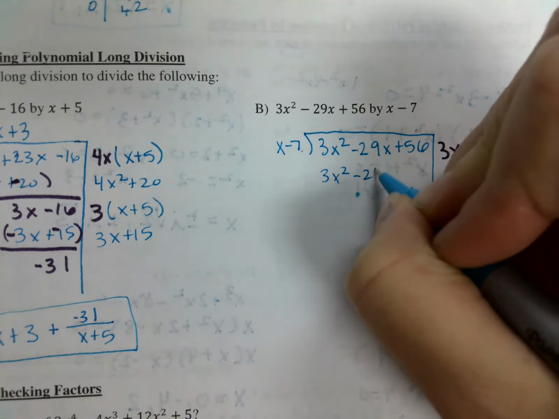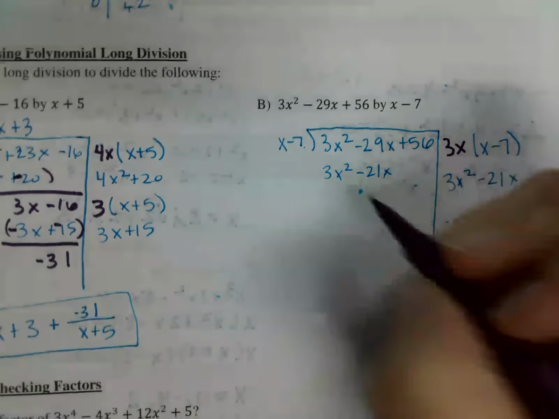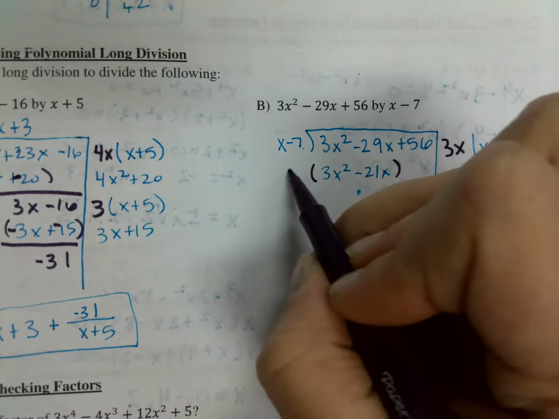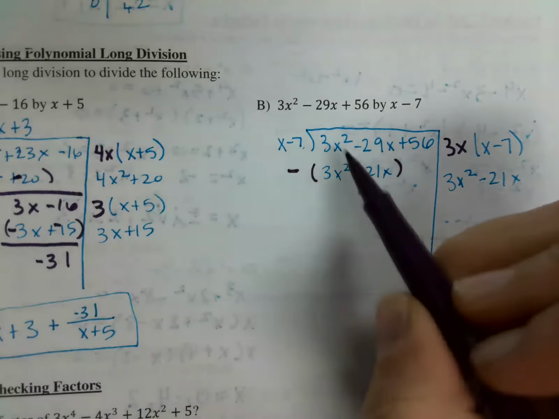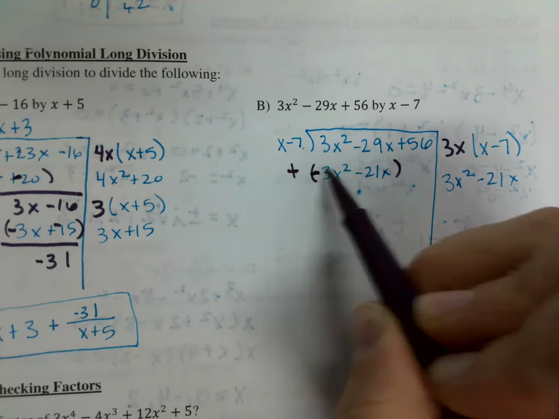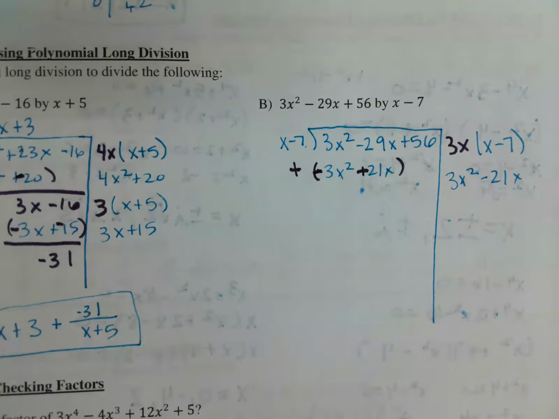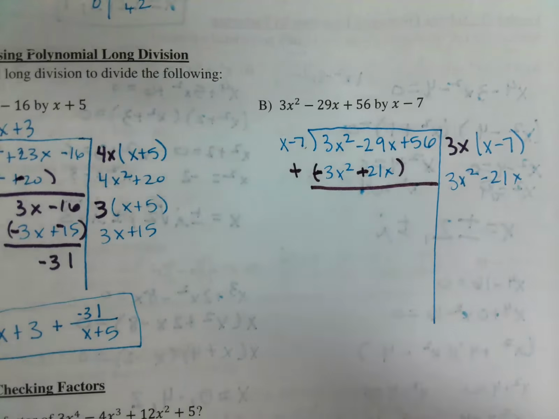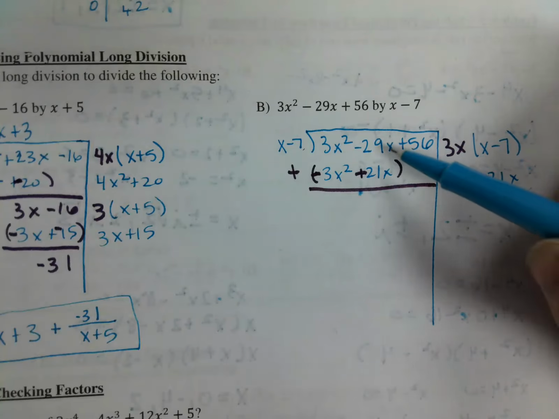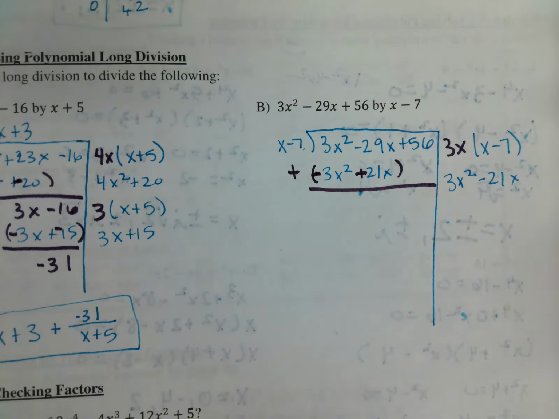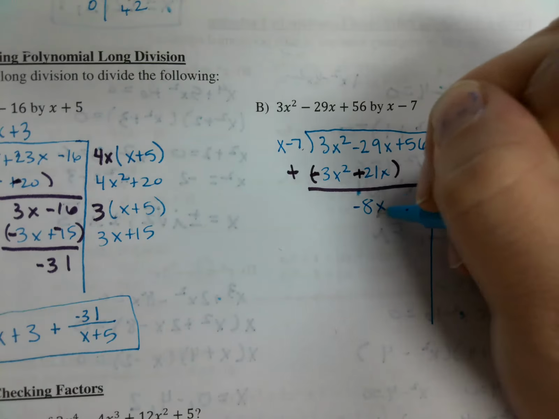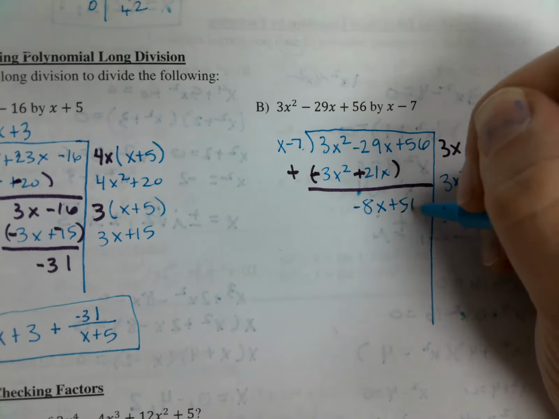3x squared minus 21x. So again, you're taking this whole thing away. Subtracting is like switching the signs, changing to adding and then switching my signs. So now this becomes 0. This becomes negative 29 plus 21, which is a negative 8x plus 56.